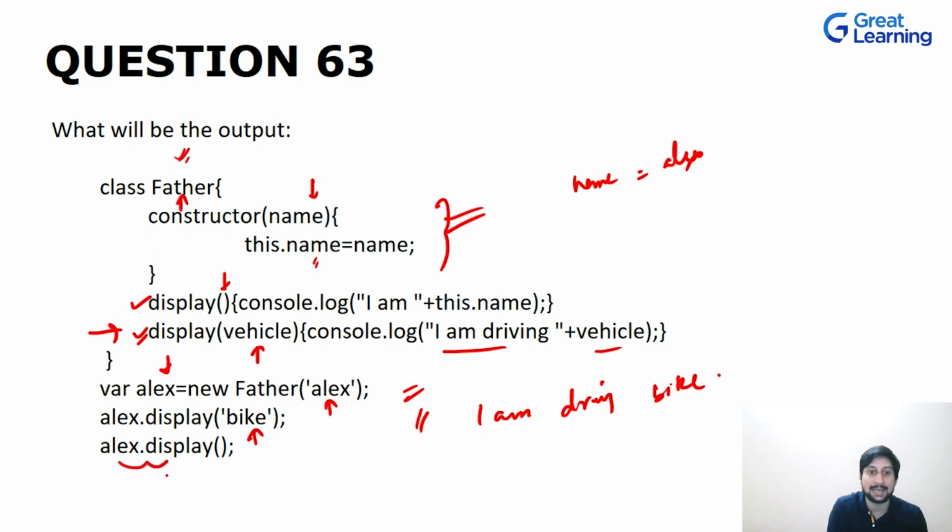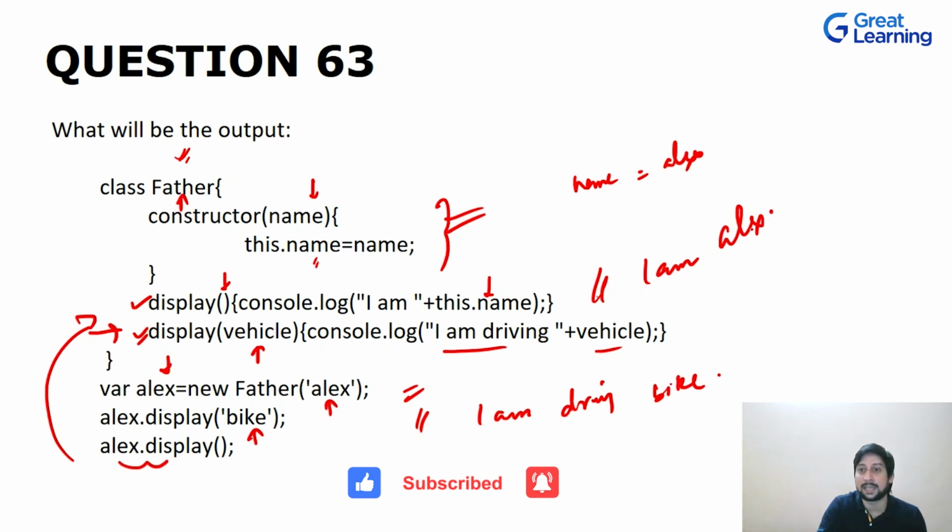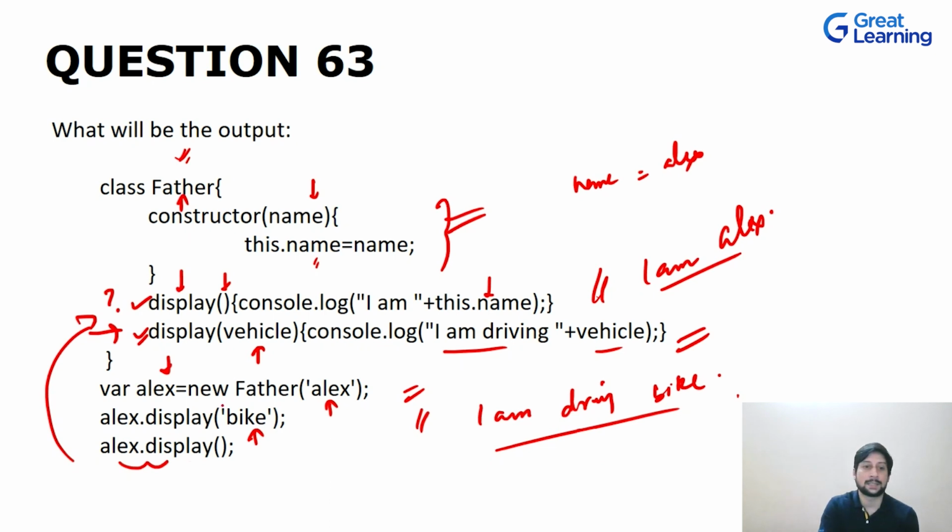Okay. Now alex.display. Whenever you're calling this function, that is display, in traditional overloading, this should have been called and you should have got the output as I am, and this dot name refers to the current object and the name is Alex. So this is the output that you should get. I am driving bike. So now what happens in this, when we are calling this display method again, that this second display method, in traditional system or traditional overloading, we might be thinking, okay, this function will be called, right?